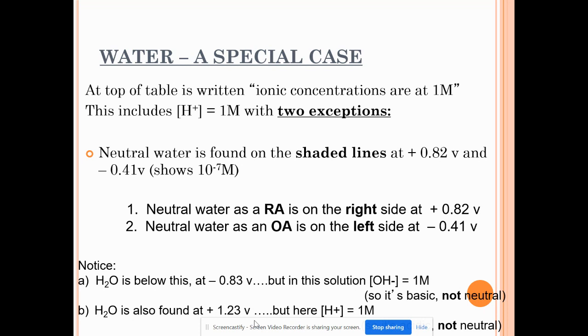And you can also find acidic water near the top at 1.23. And you can see the H plus, it will have a 1 molar solution as well. So be aware of these ones. So it's acidic, not neutral for these ones. So water, again, just to clarify, comes on your table 4 times. 2 of them are neutral. 1 is acidic water and 1 is basic water.